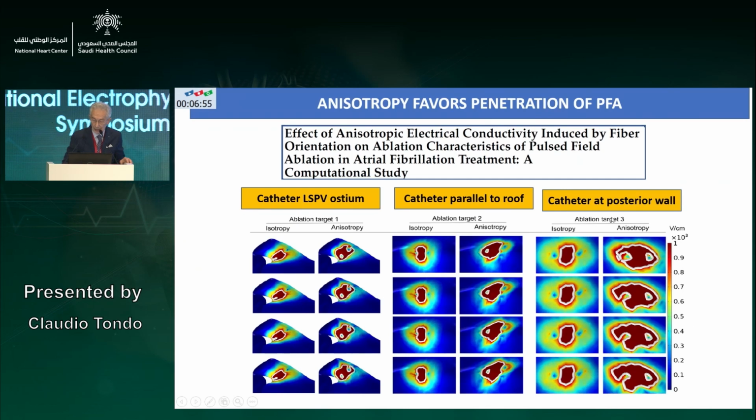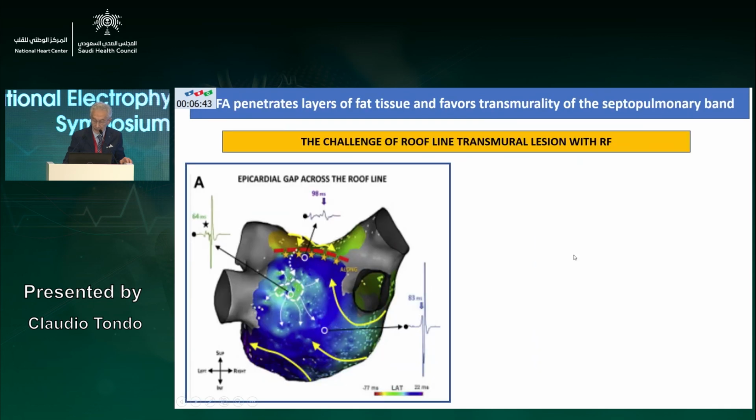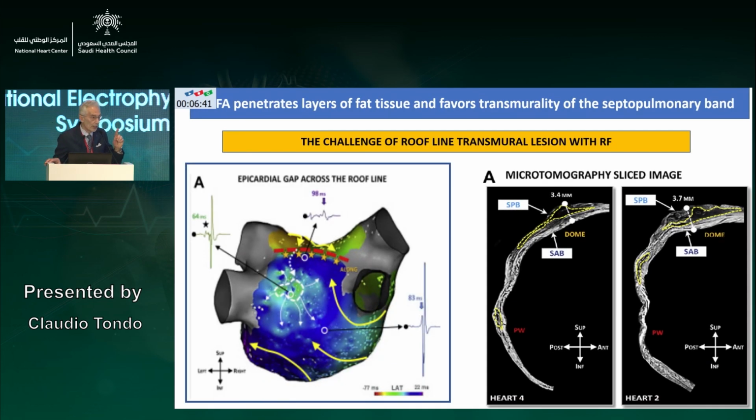And again, if you look at the catheter at the posterior wall, anisotropy makes a much larger lesion when PFA is applied over here than isotropy. And there is one reason why PFA is much more effective than RF if you consider creating a linear lesion at the roof of the left atrium.